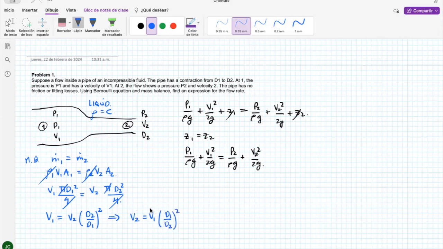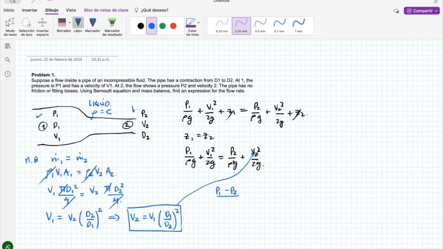Whichever you want. I think I'm going to pick V2 in terms of V1, because most of the time you have information at the upstream, and many times you don't have information at the downstream. Nonetheless, now you can substitute this over here and keep on working.